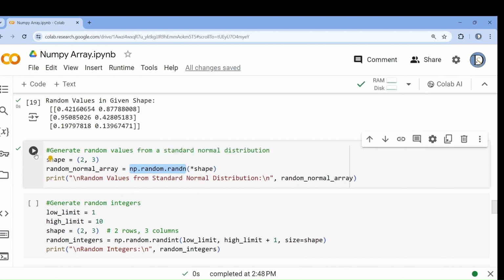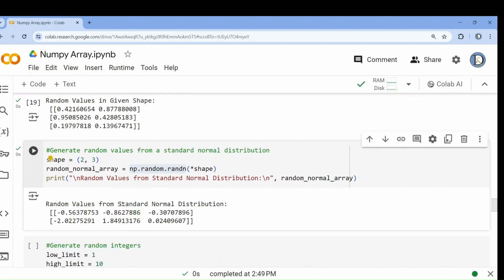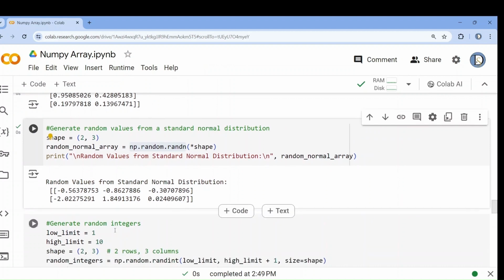If I run this, again I will get some values which have mean 0 and standard deviation 1. That means these values are following standard normal distribution. When you do a machine learning project, you will come across cases where you may need this kind of arrays, so you can create them by using these ready-made functions of NumPy. Fine.